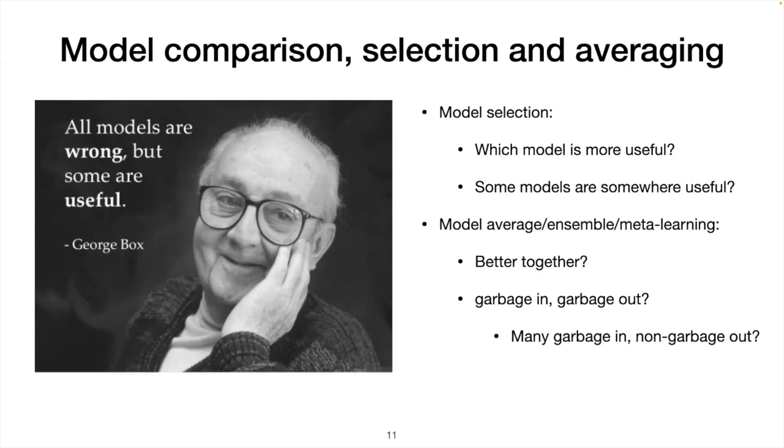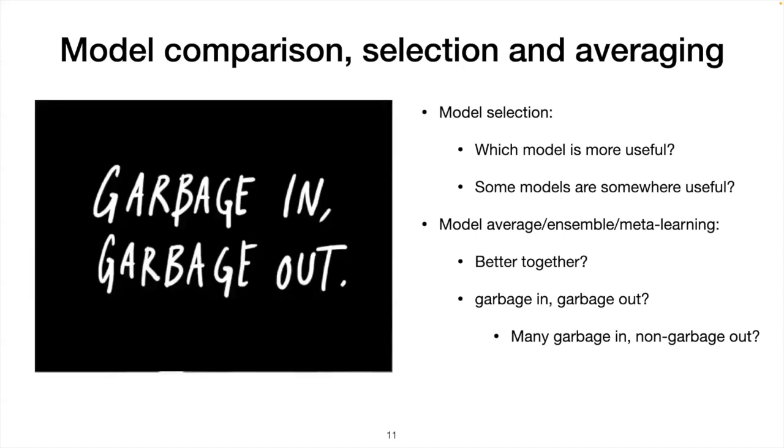Model selection just means you want to select one of the models and use that as your model. But often that's not enough, because we want to do model averaging, we want to do ensembles, we want to do meta learning. The idea is that if you have already designed lots of models, you want to incorporate all of them. And also, we have this garbage in, garbage out cliche, such that if you have a bunch of horrible models, even if you average over them, it's still horrible.